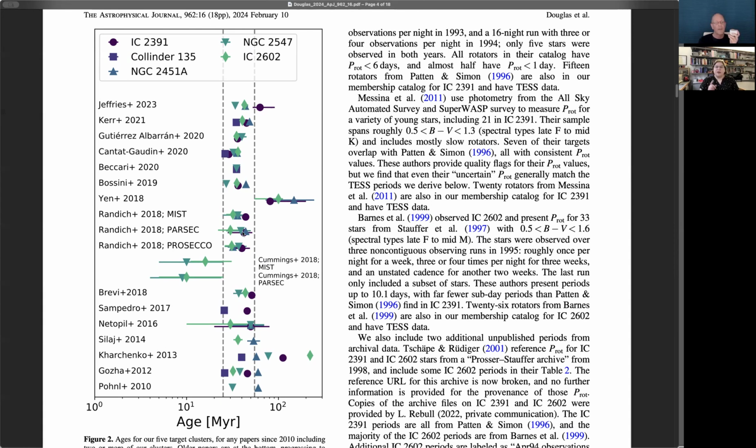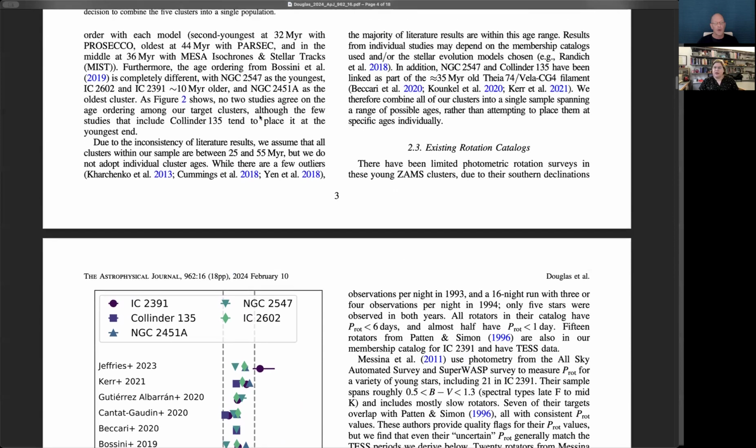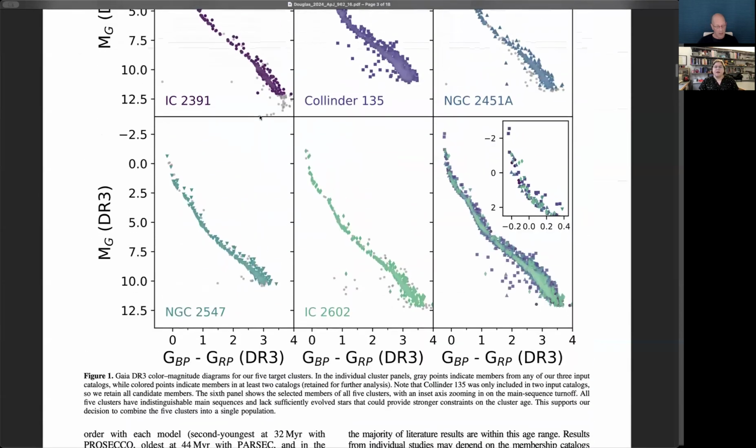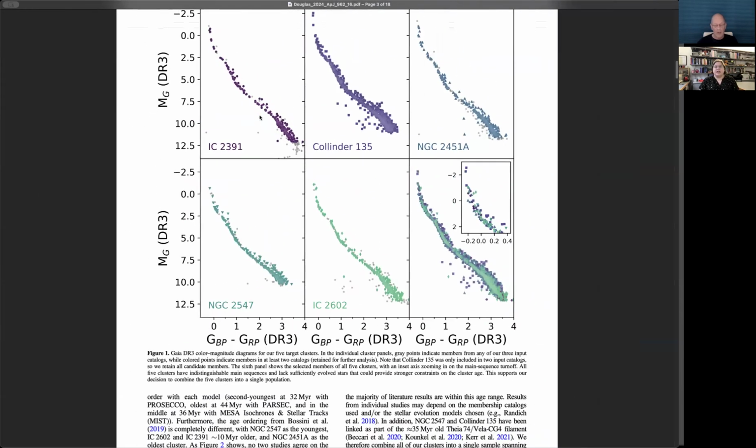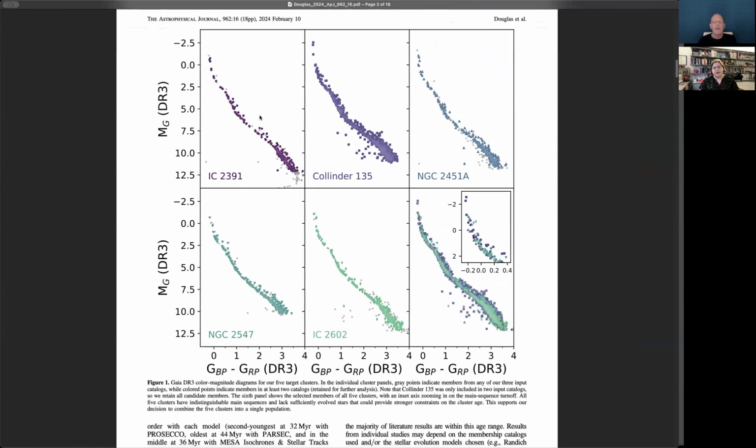So if we scroll up now to figure 1. Sure, figure 1, and we've got color magnitude. Yes, so this is now showing the membership of the clusters. There's one panel for each individual cluster and then a combined one at the end. In the individual panels, any point was a member in at least one of our input clusters.